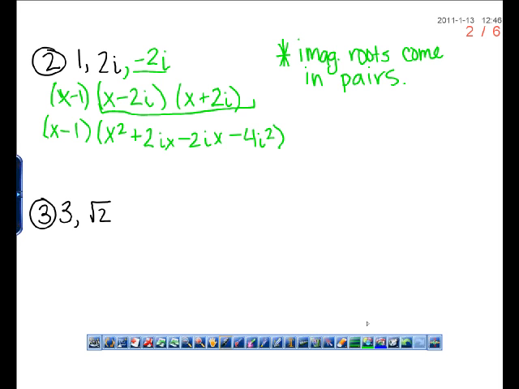All right, what do you notice? Yeah, our two middle terms cancel. And what is negative 4i squared? Yeah, that's negative 4, which turns into 4. How do we know that? What is i squared? i squared is negative 1. So that's negative 4 times negative 1. So what do I have left? x squared minus 1 times x squared plus 4.